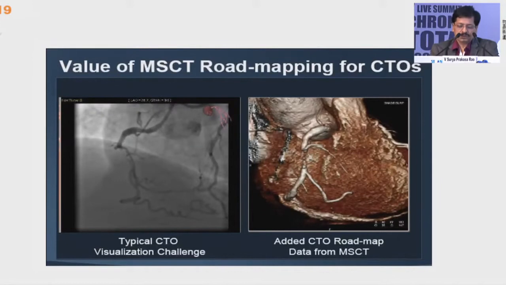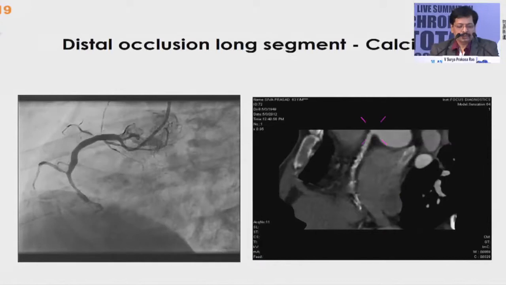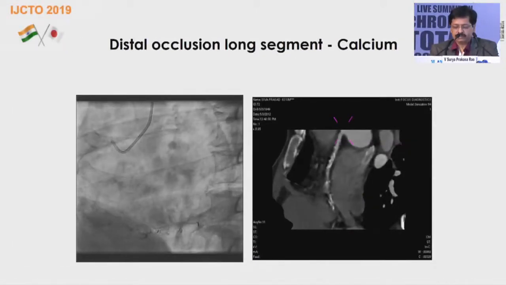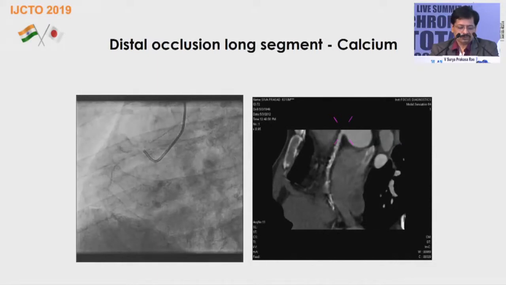So you can see here the lesion is absolutely not seen in the angiogram, where you can have, like what he said, the co-registration. If it is there, it is very useful nowadays to enter a true lumen or from the false lumen to true lumen. Like here, the distal occlusion, long segment calcium in the distal occlusion.